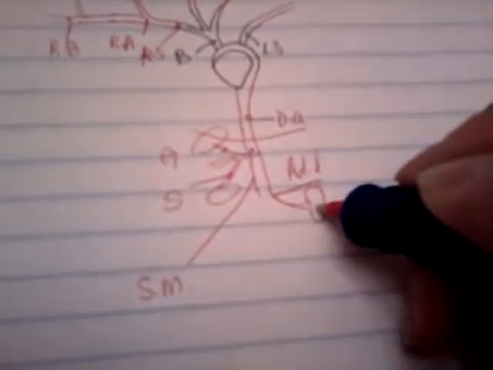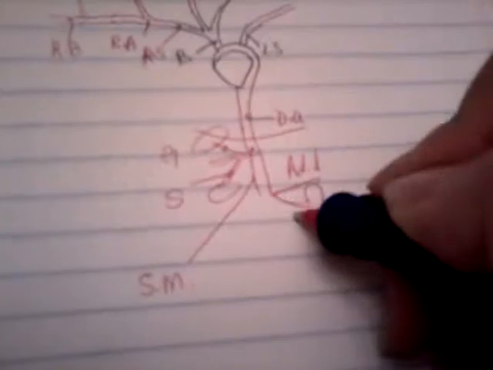And on the other side, there will be 2 branches that occur, and one right here, this is the kidney. The one above it is called the adrenolumbar artery, and this one that's attached to the kidney is the renal artery.